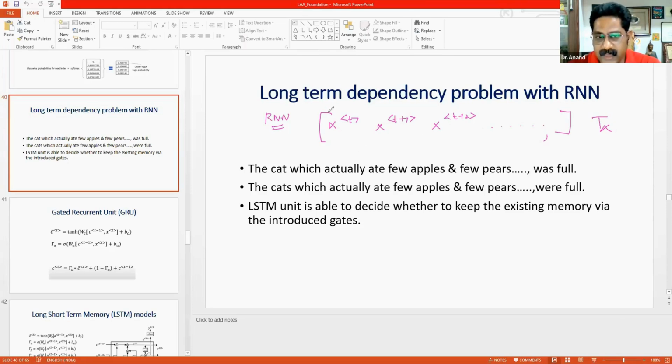So zero padding keeps the length of your input X, Tx, fixed. So first input token, then the second input token, and so on. This will go.